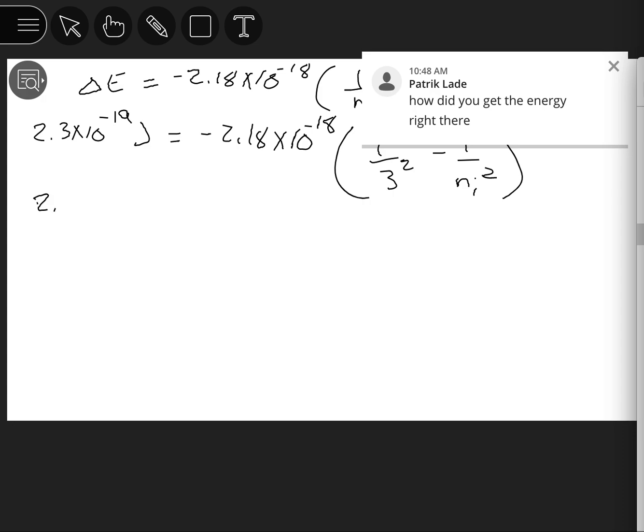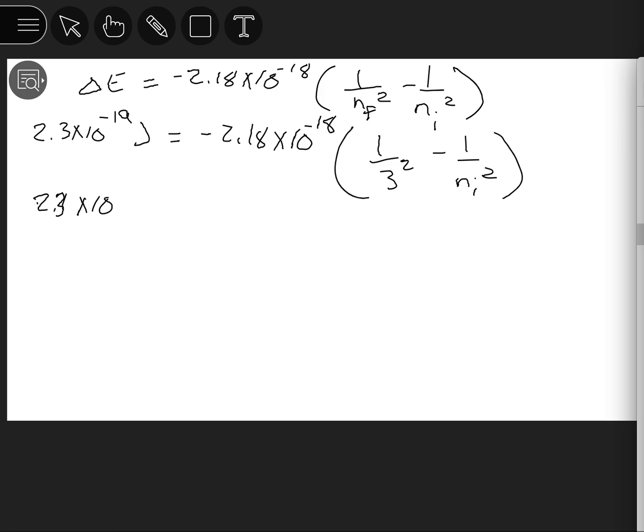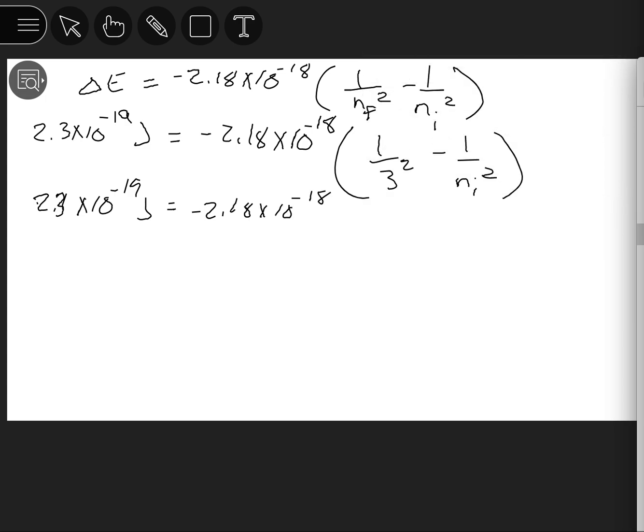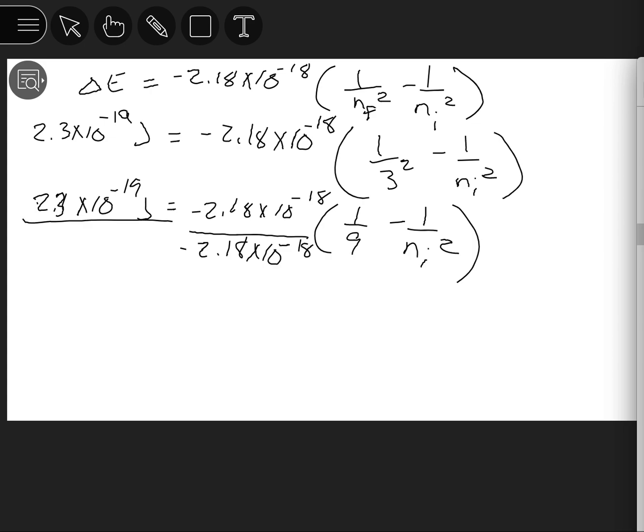All right, so this becomes 2.3 times 10 to the negative 19 joules equals negative 2.18 times 10 to the negative 18 times 1 over 9 minus 1 over n initial squared. So in this case, I would divide both sides by this. And that would be negative 2.18 times 10 to the negative 19.